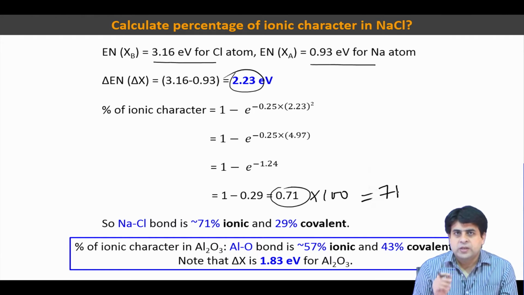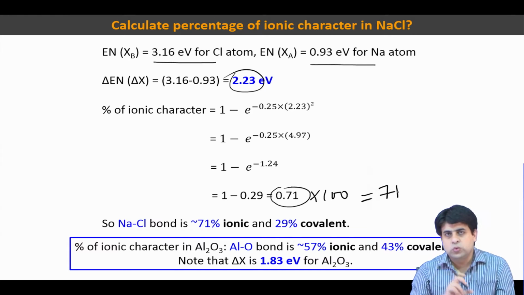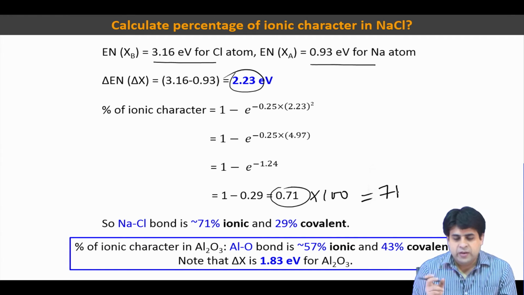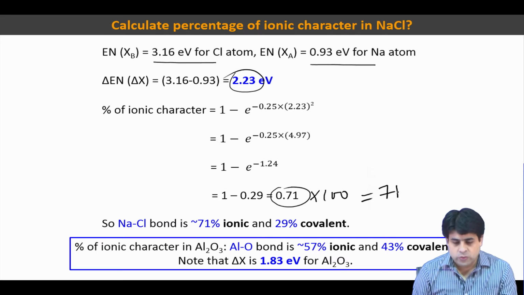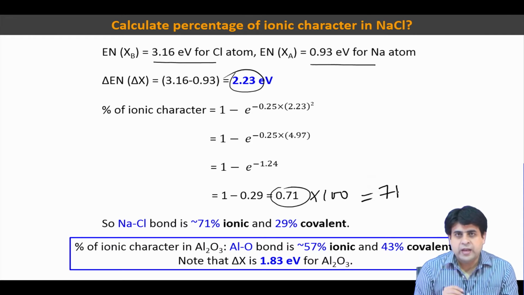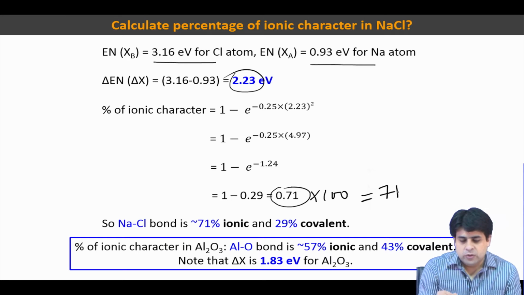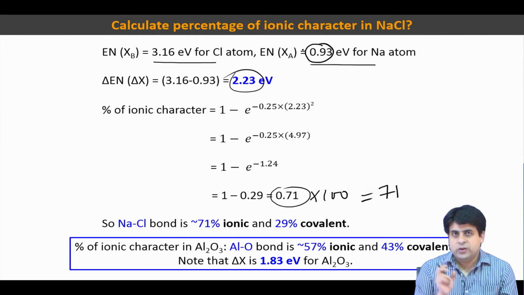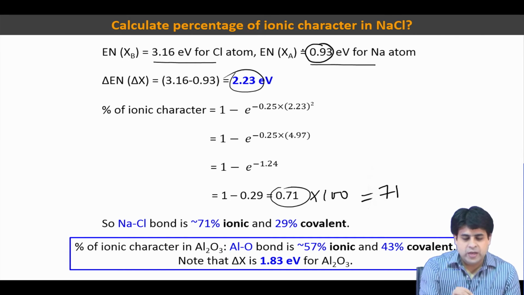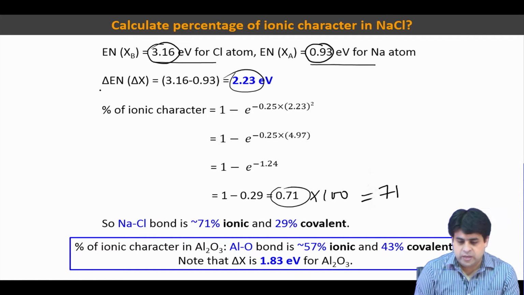So when two atoms have very different electronegativity values, for example in the case of sodium and chlorine in a halide, the sodium atom has a very low electronegativity value, but chlorine has a very high electronegativity value.